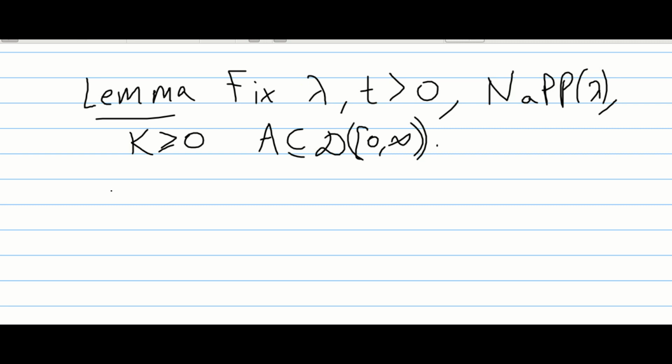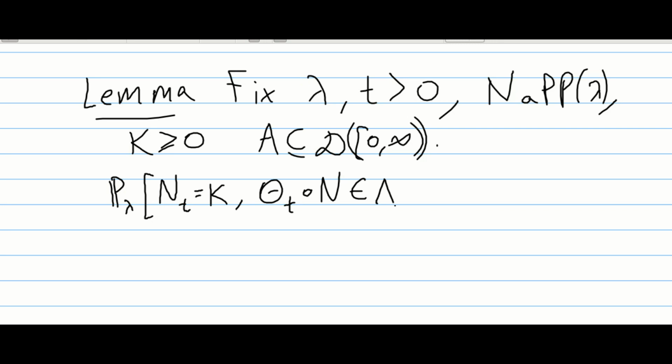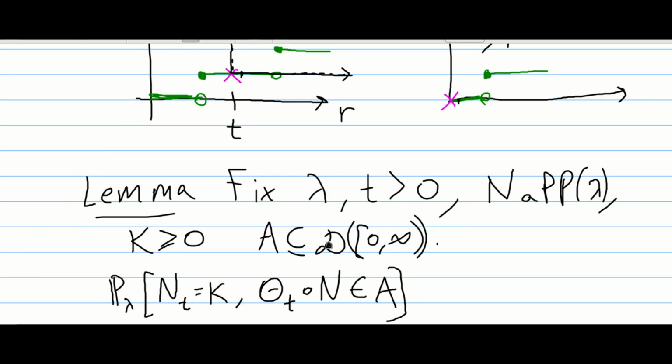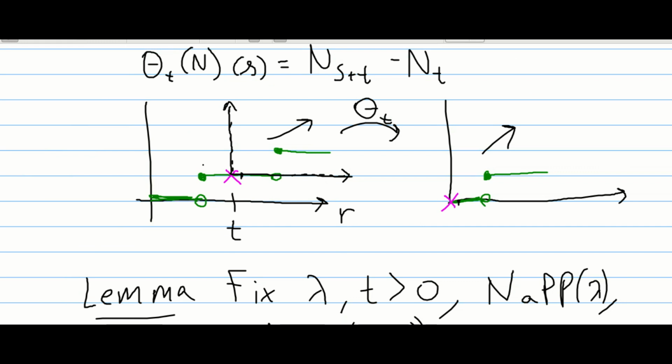What this lemma says is the following. The probability of seeing this Poisson process at time t have exactly k arrivals, and then once we shift it, we see something. Back to our picture: until time t, we had, for example, one arrival in this picture. So the probability that we see this one arrival, and in the future we observe A, no matter what.